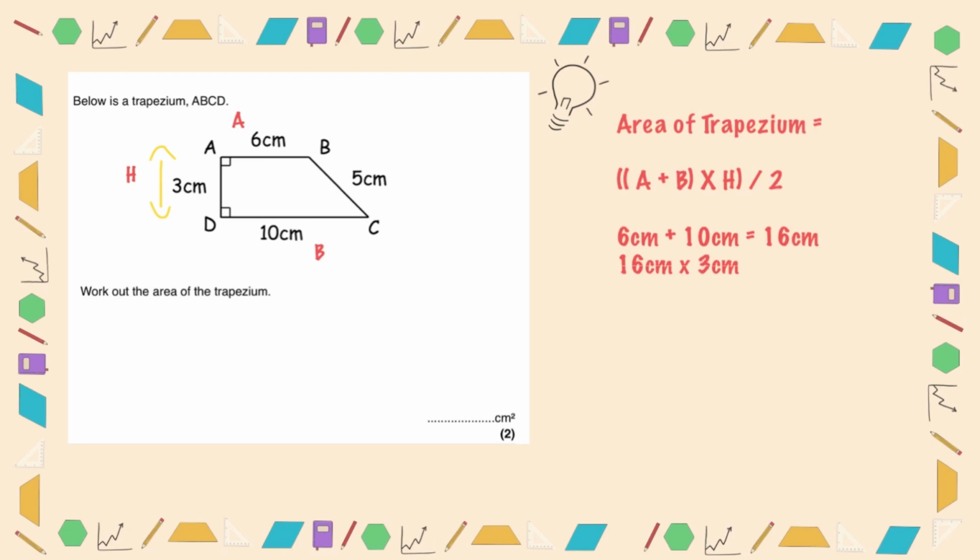And this is going to give us 48 centimeters. Then our last step of the formula, 48 centimeters divided by 2, which is going to give us 24 centimeters. And any area questions, our units are always squared. So we're going to have to put squared at the end of our answer.